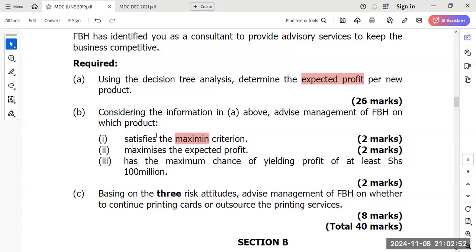Okay. Now, which product maximizes the expected? Here there is the word expected, so you will be dealing with expected values. But remember, here it is maximizing the expected values.